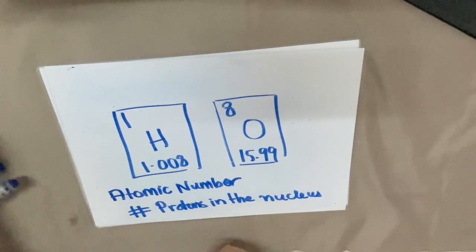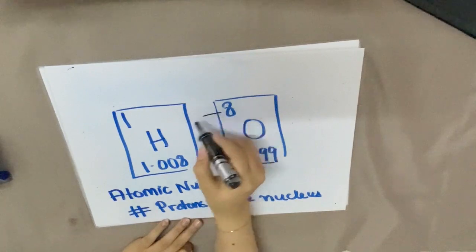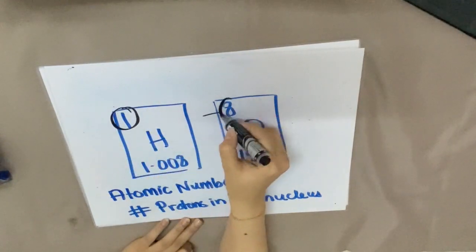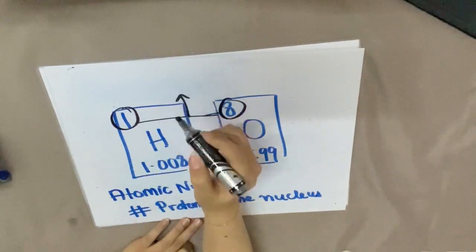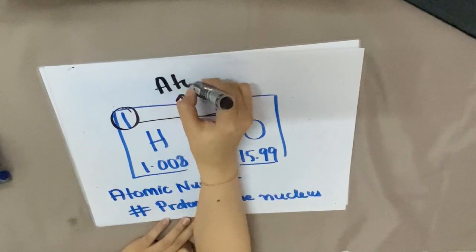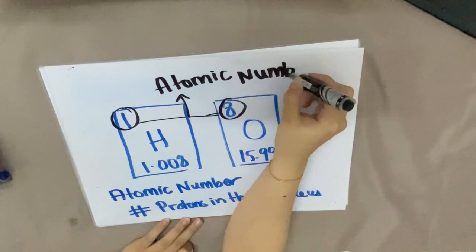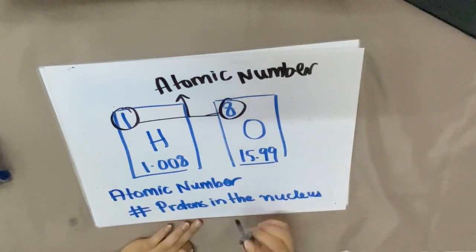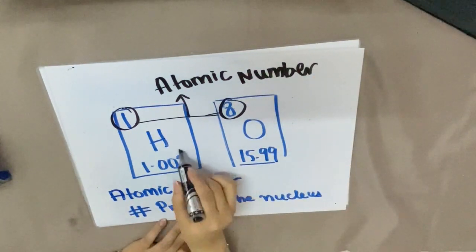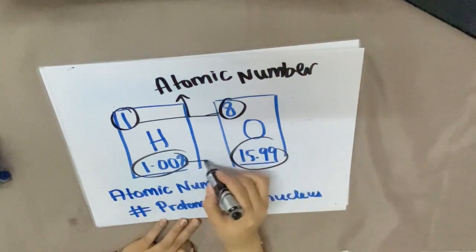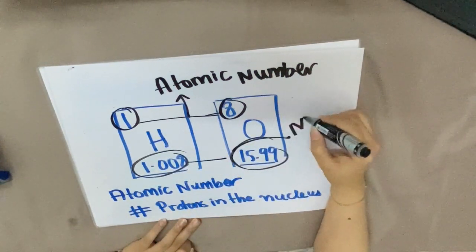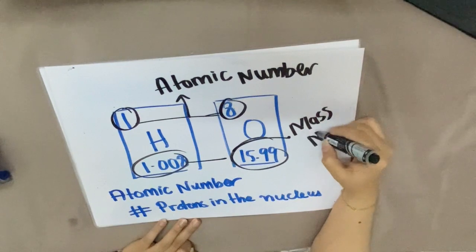So, when we look at the element key in the periodic table, first of all, this 1 and this 8 at the top are our atomic number. We can find it simply and clearly in the element key in the periodic table. The numbers at the bottom are the mass number, which we're going to talk about in a while.